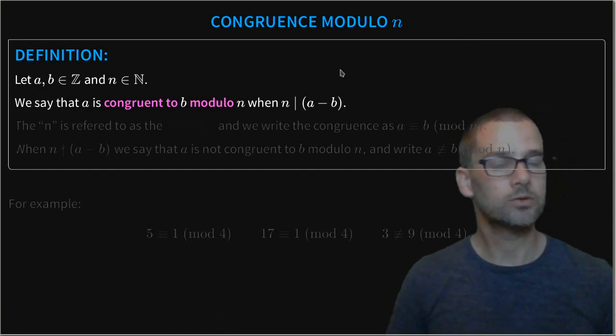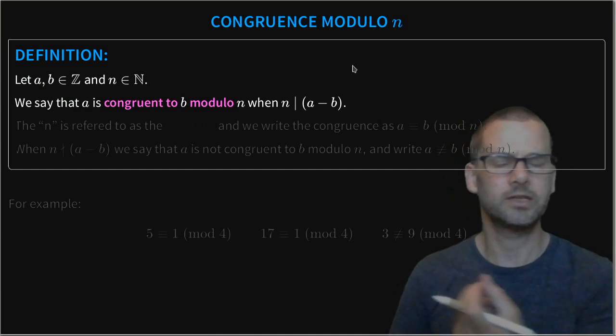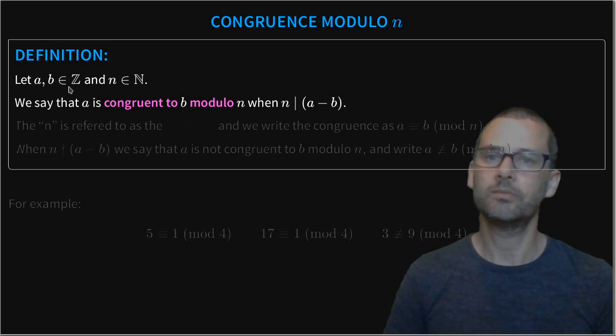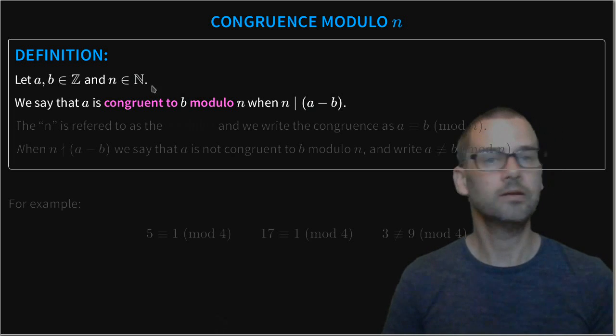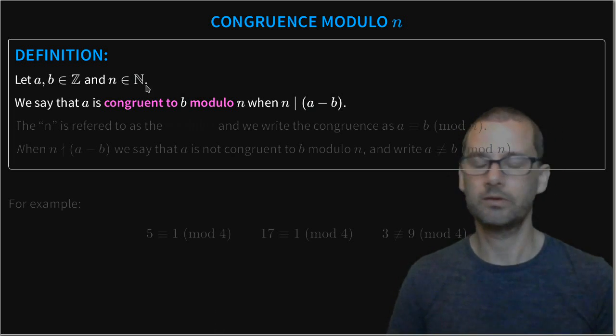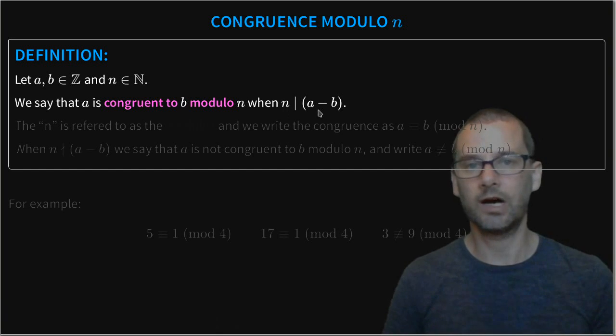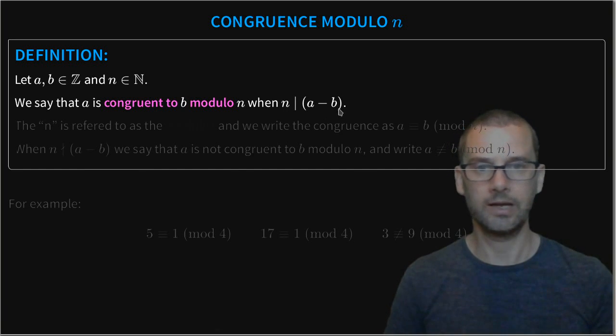Finally, let's talk about congruence modulo n. All of these things have the flavor of divisibility. So let a and b be two integers, and let n be a natural number, so a positive integer. We say that a is congruent to b modulo n when n divides the difference between a and b.